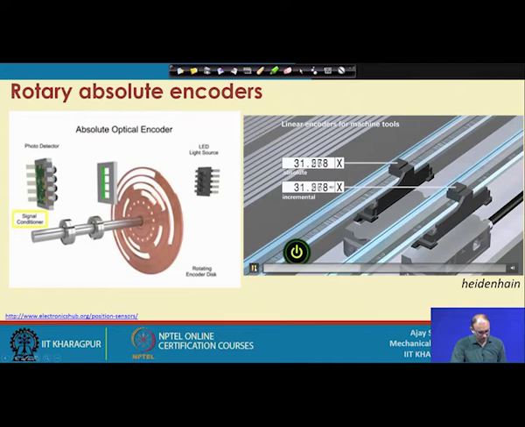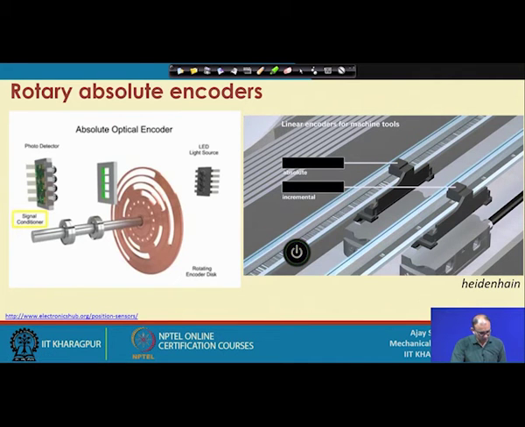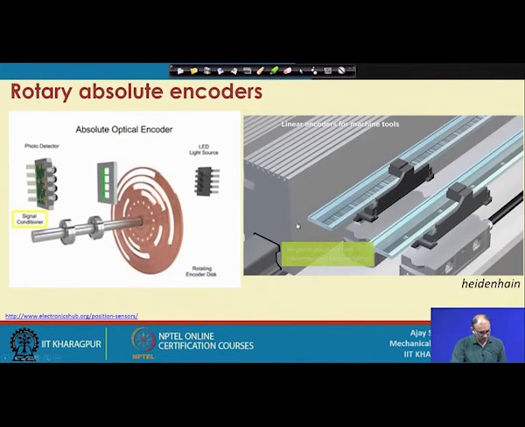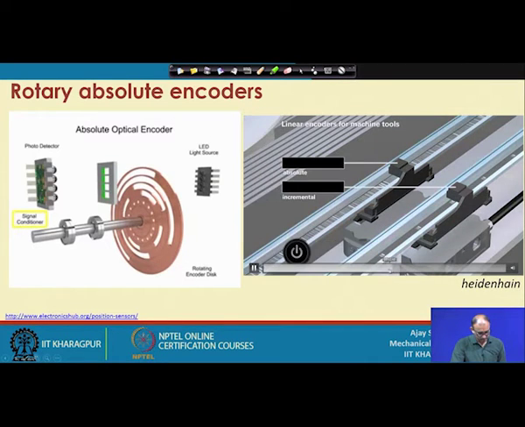Both are moving, power is on. Now power is off. After switching off, the power has come back, and you can see the absolute encoder still shows the same result, but the incremental one has not reached that location because it is finding the reference.